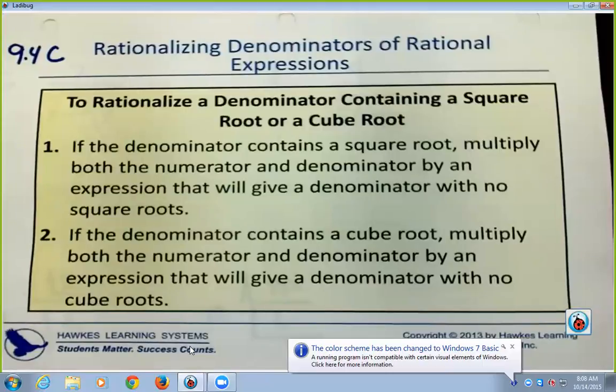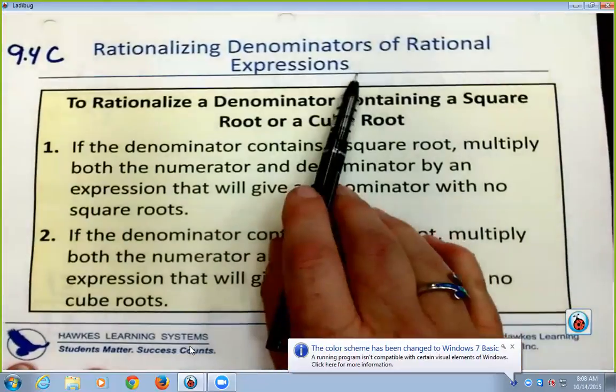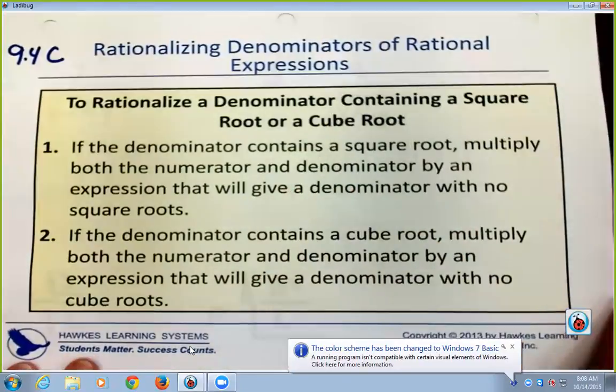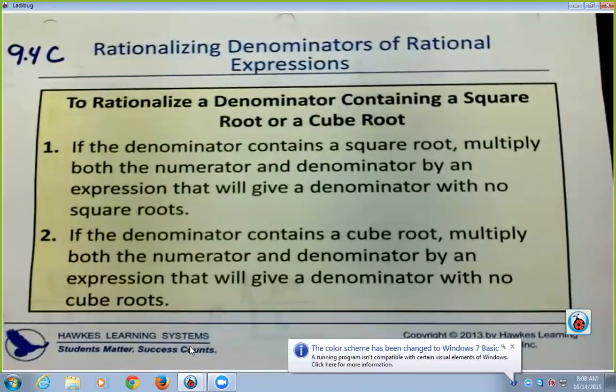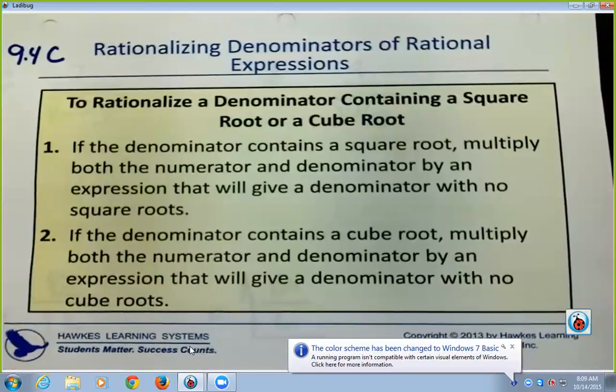In rationalizing denominators, what this means is we cannot have anything left as a radical in any denominator that we're working with. So we have to get rid of it. Sometimes to get rid of it, you just multiply it by itself. Other times you multiply it by what you're missing to make it a perfect cube or a perfect square, or if it's a binomial, use its conjugate to get rid of it, and so forth.